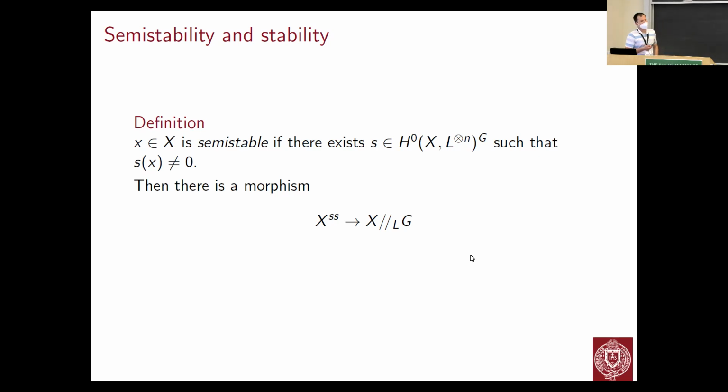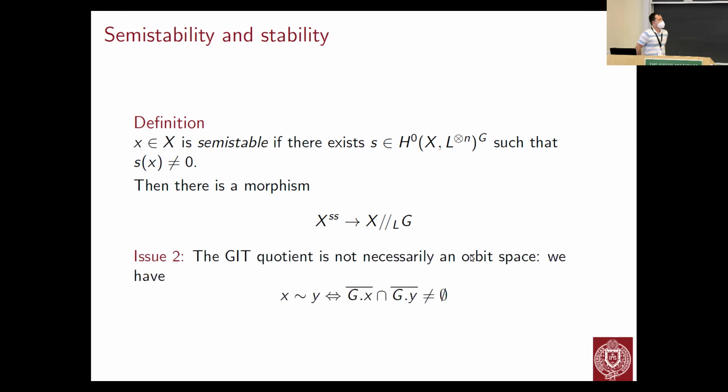The second issue is that you probably expect your quotient spaces to be orbit spaces. So in other words, the points in your quotient should correspond to the orbits of your group action. And that doesn't always happen in GIT. So here, the equivalence relation we get is that two points get identified in the quotient if the closures of their orbits intersect.